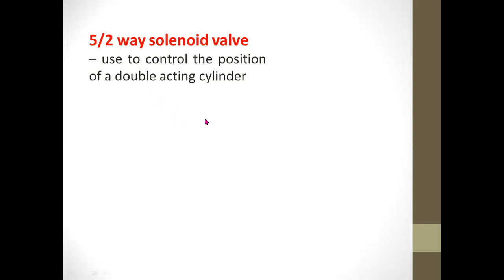However, unlike the three two-way solenoid valve, the five two-way solenoid valve comes in two different categories. The first type is the single coil or spring return valve. Actually, the three two-way solenoid valve is also a single coil spring return valve.